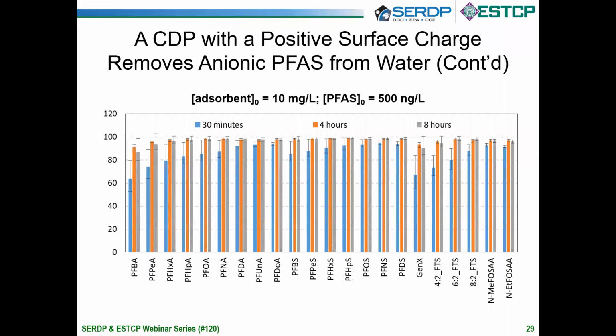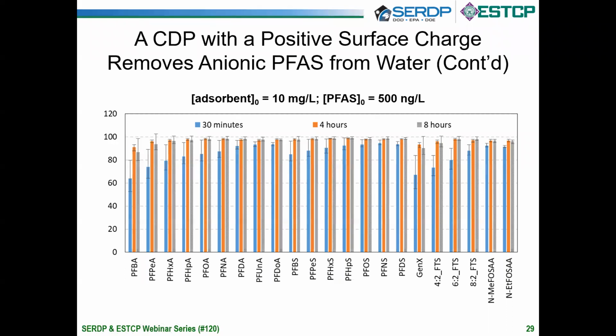And the adsorbates included 9 perfluorocarboxylic acids, 7 perfluorosulfonic acids, GenX, 3 fluorotelomer sulfonic acids, and 2 nitrogen-substituted sulfonamido acetic acids. And the blue bars show the average removal of each PFAS after 30 minutes of contact time with amine CDP, which results in between 60 and 95% removal for all 22 PFAS.